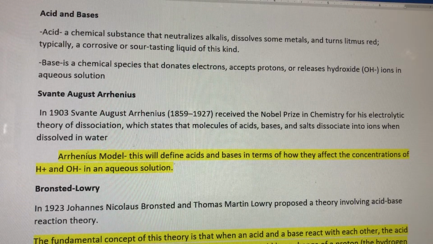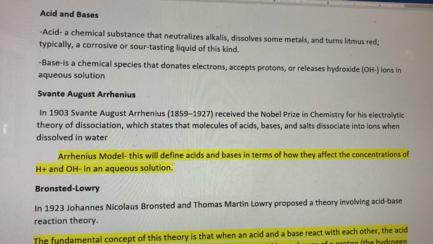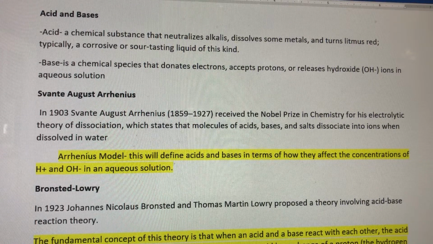In 1903, he received the Nobel Prize in chemistry for his electrolytic theory of dissociation, which states that molecules of acids, bases, and salts dissociate into ions when dissolved in water. I just feel like this is important to know because I really wasn't sure who this guy was, but looking into it, I now know, so I just wanted to include that in there.